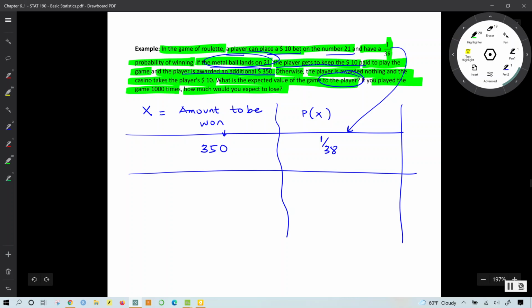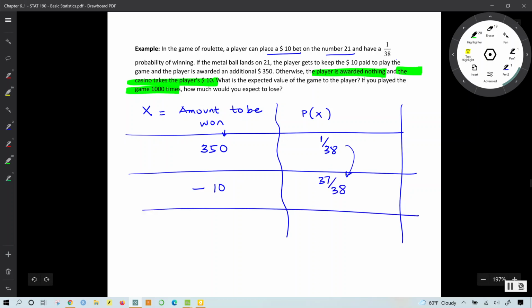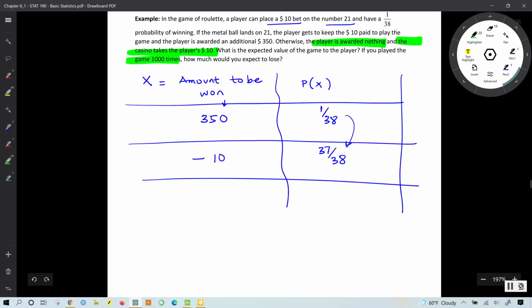Otherwise, if this player does not get the metal ball to land on the number 21, the player is awarded nothing, and the casino takes the $10 paid. So what does that mean? There'll be a loss of $10, and the remaining 37 out of 38 chances that this happens.